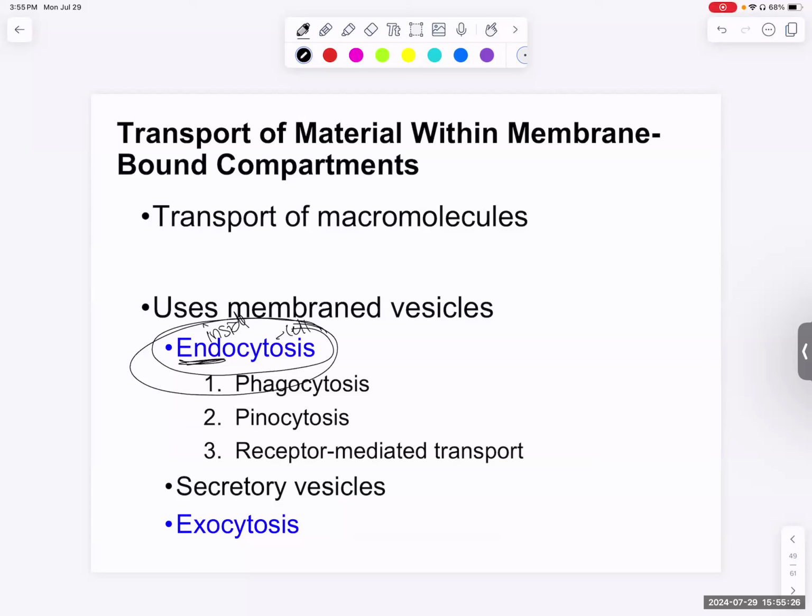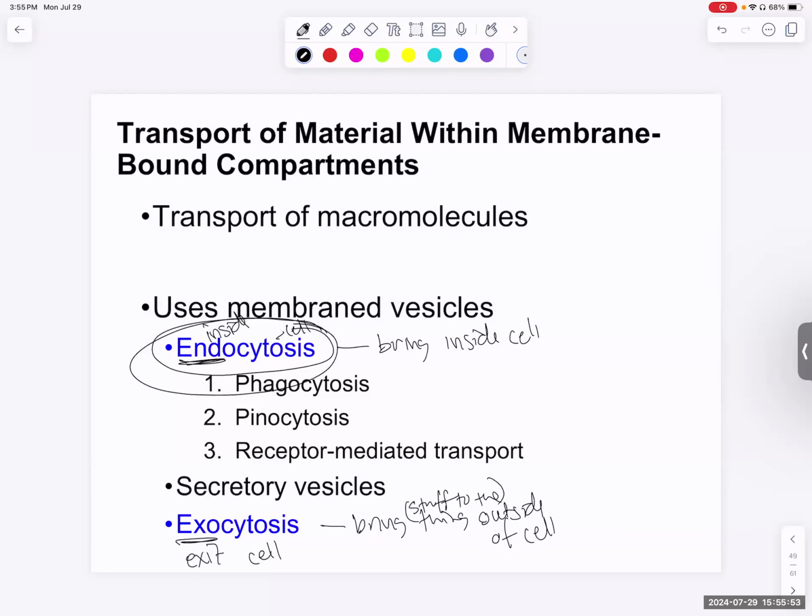It's bringing something inside the cell. Exo, meaning to exit the cell. It's bringing things outside of the cell, or bringing stuff to the outside of the cell. I don't know, however you want to put it.